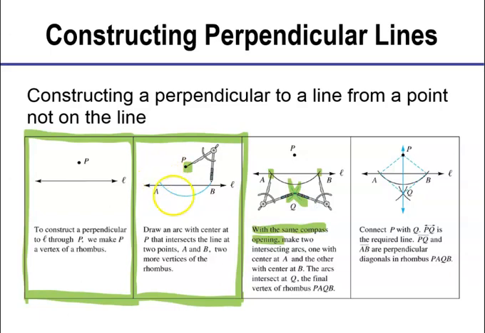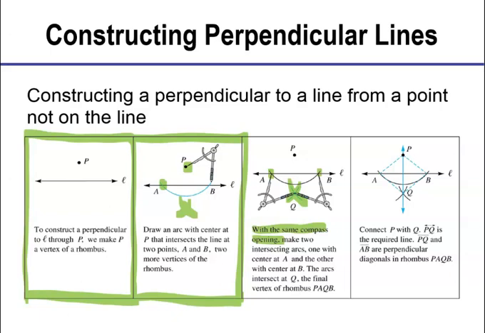So again, the arc that you built originally, you leave your compass that way, you pick up your pointer, you put it on A, and you strike an arc that's somewhere over here, and then you put your pointer on B, and you strike an arc that's somewhere over here. And you'll see you can connect up point P with your two arc intersection, which they call Q, and that's going to give you your perpendicular line.